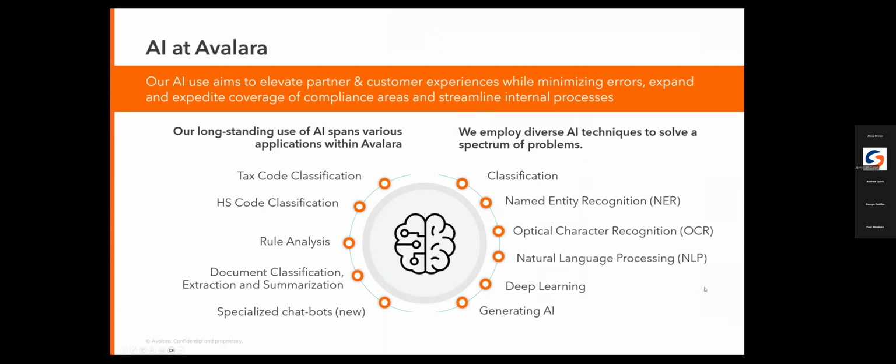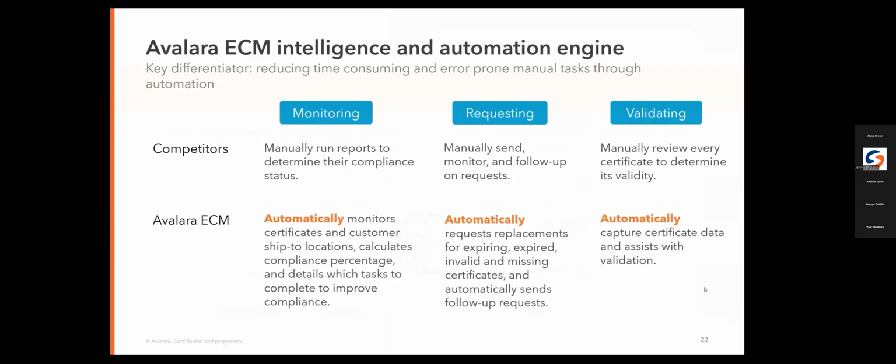But we're continuing to build AI into our solutions. And here are the three examples that you can use once you own Avalara ECM. There's reporting you can use. There's the ability to see where you have gaps in your customer records. For example, you might have a New York reseller, but you don't have your Pennsylvania certificate on file. That would monitor that for you.